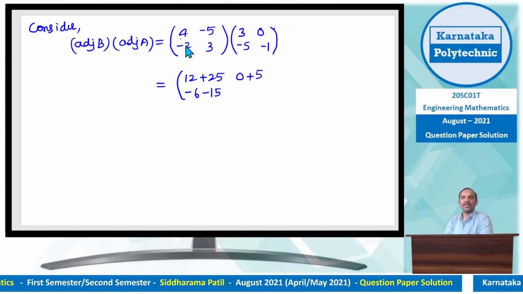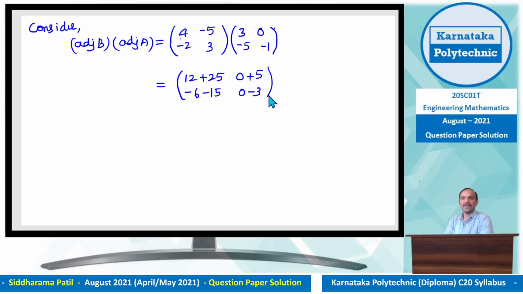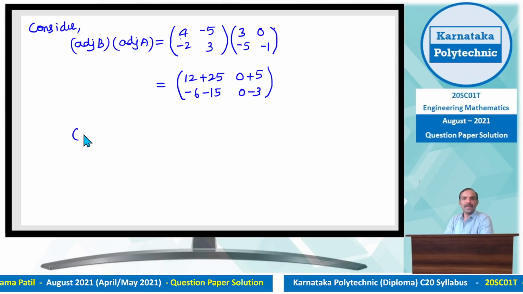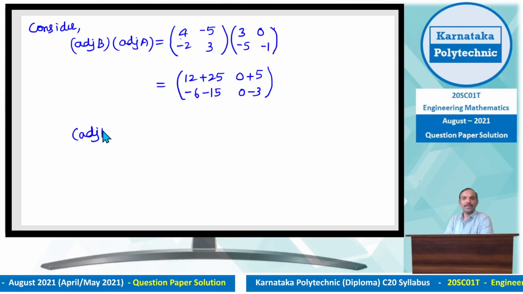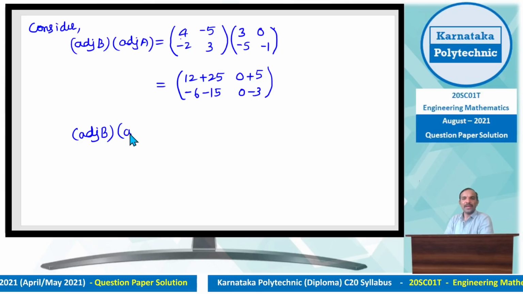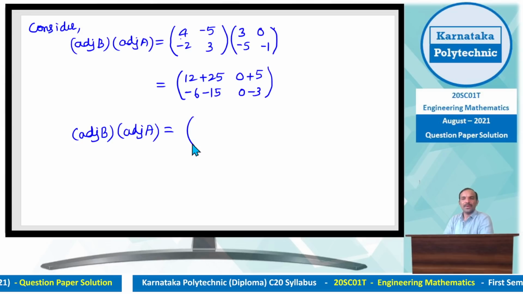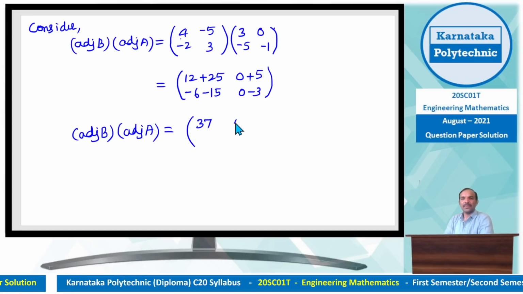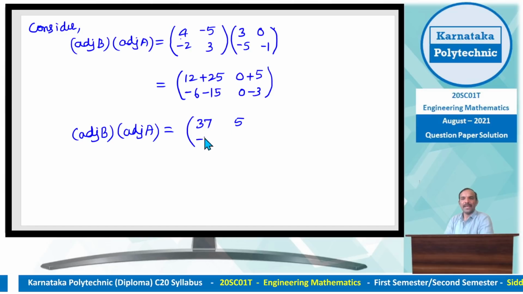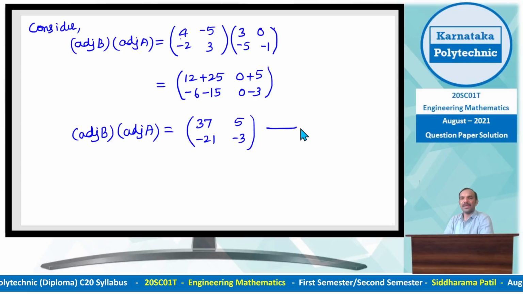Second row second column: minus 2 into 0 is 0, 3 into minus 1 is minus 3. Now simplify. Adjoint of B into adjoint of A is equal to 12 plus 25, 37, 5, minus 21, minus 3. It is your equation number 2.